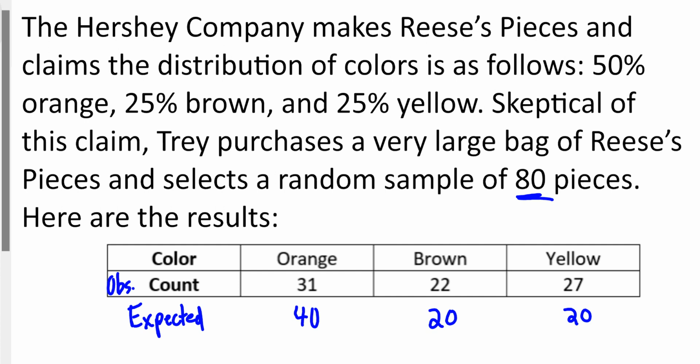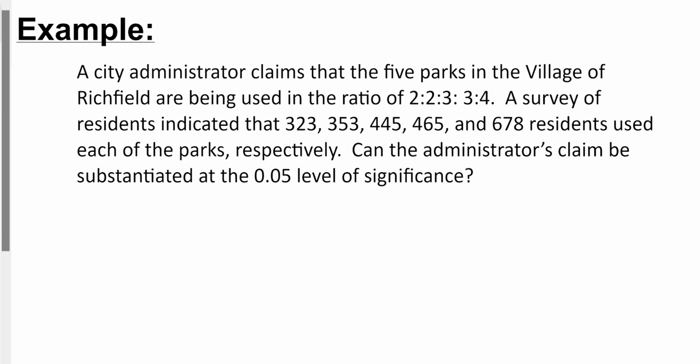I think I have one that's unique because it gives you an extended ratio, 2 to 2 to 3 to 3 to 4. That's the ratio that it should be for this, based on residents in the area, how they use these parks.